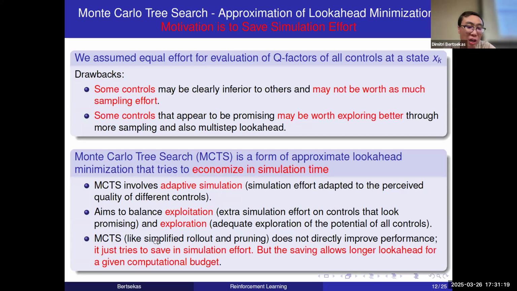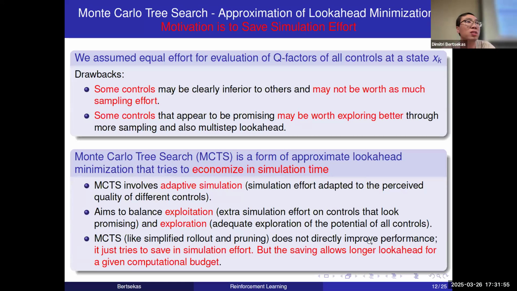And Monte Carlo Tree Search, just like simplified rollout and pruning, does not directly improve performance. Here are some misconceptions in the literature. Sometimes people claim that Monte Carlo Tree Search directly improves performance, which is not right, because you can imagine that instead of running Monte Carlo Tree Search to allocate sampling effort cleverly and heuristically to various controls, suppose there's no limitation on sampling.